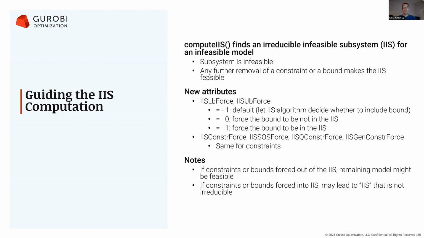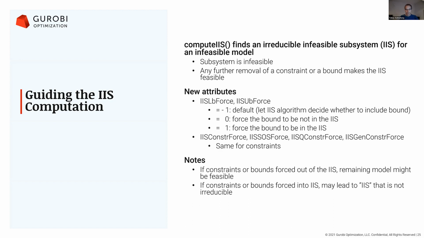But you can also set it to 0 and to 1, which means to state in advance that this particular bound or constraint should not be in the final IIS, or that the particular bound or constraint should be in the final IIS.